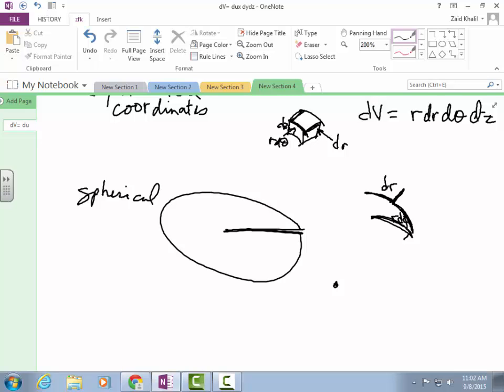This angle is d phi. Now, the part that's going to be rotated in a circle is this. That's your theta, so this is going to be your d theta. But the problem with this is we have to figure out what distance is actually going to be wrapped around.